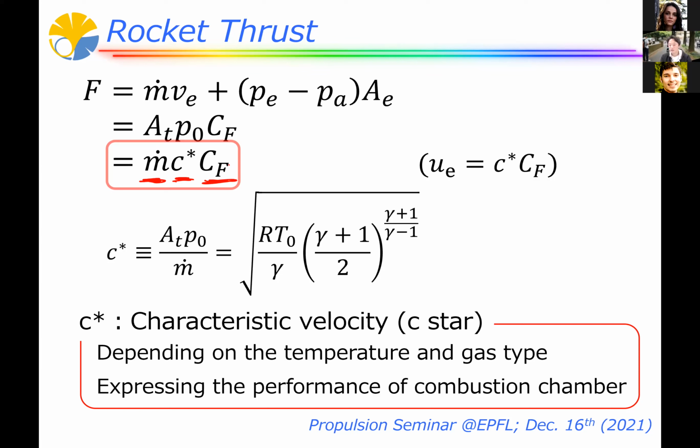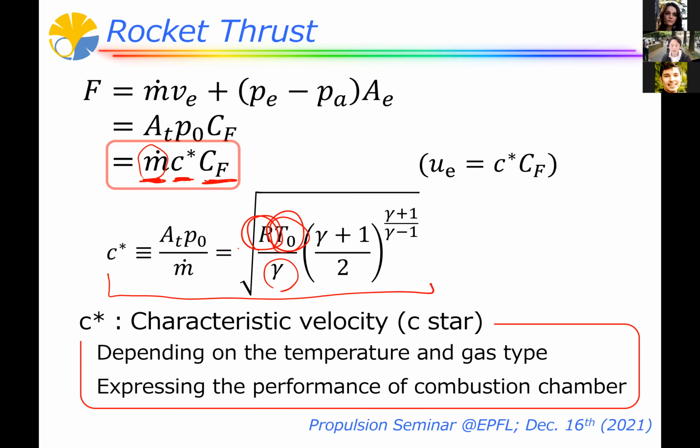By using this form, we can keep the mass flow rate constant, and we can see the effect of c star, or the temperature of the combustion chamber. Inside c star, it consists of the combustion temperature, the specific heat expression, and also this gas constant.